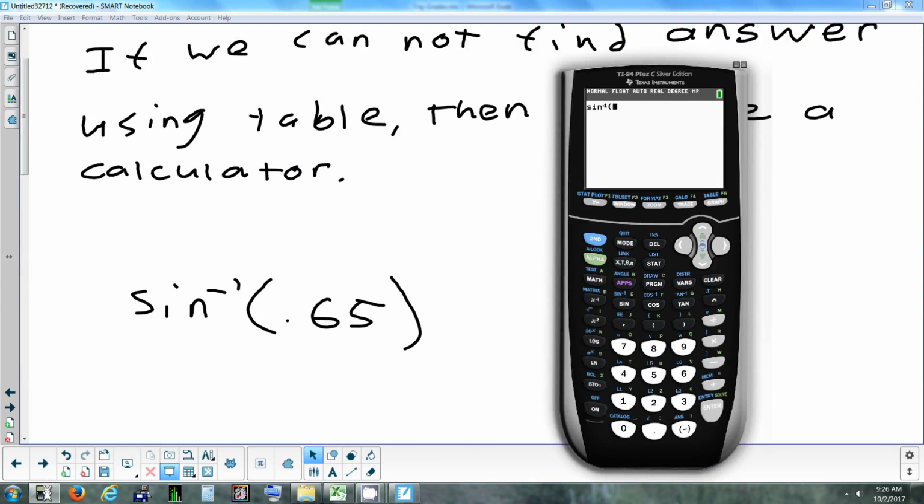If you have one like that, I can try to help you, or you can use one of mine. So you type second, inverse sine, and then the number, 0.65. Okay, we get 40.54, and I'm in degrees. So 40.54 degrees.